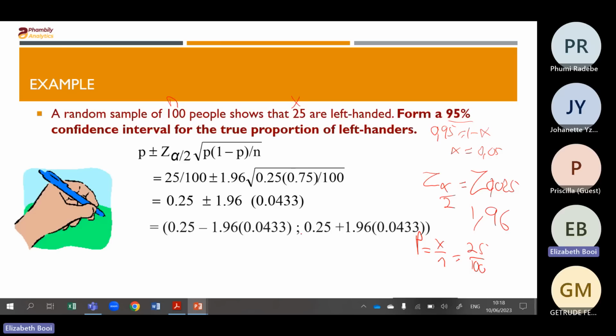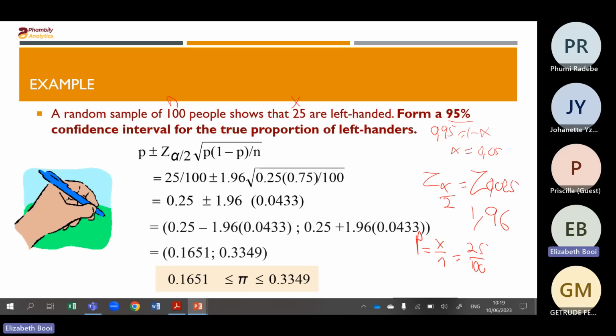And I can split the equation into 2 because the minus and the plus, remember the minus is your lower boundary and your plus is your upper boundary. So I can split the same equation into 2 and then calculate. And that gives me, from the minus side, I get 0.1651, and from the positive side, I get 0.3349.